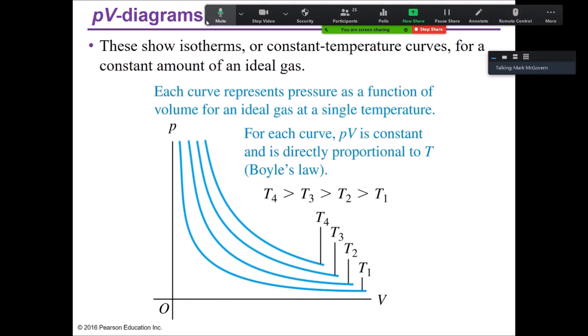A PV diagram is a diagram that plots pressure versus volume. Volume is on the horizontal axis, pressure is on the vertical axis. And we typically have situations where we don't mess with the amount of gas. So the amount of gas is constant. And so if you have that, then you have basically a bunch of functions that are 1 over x.